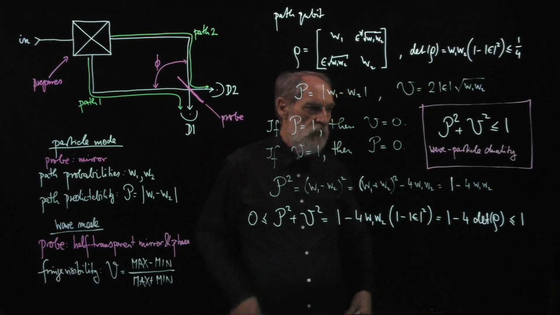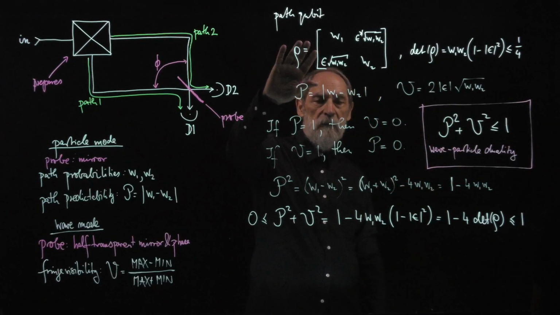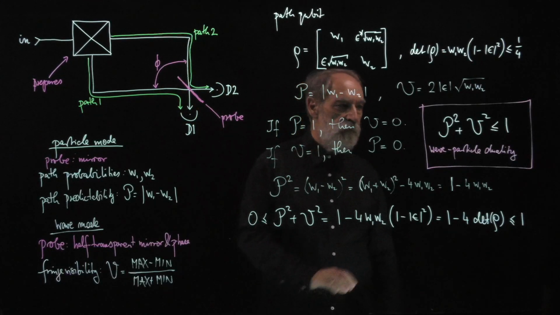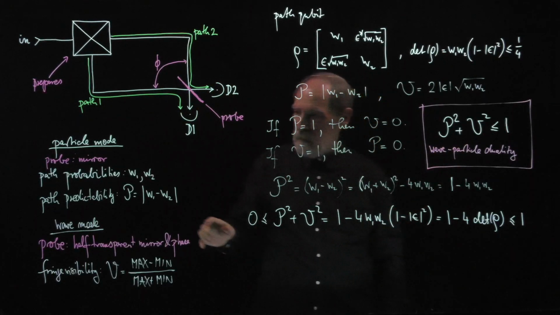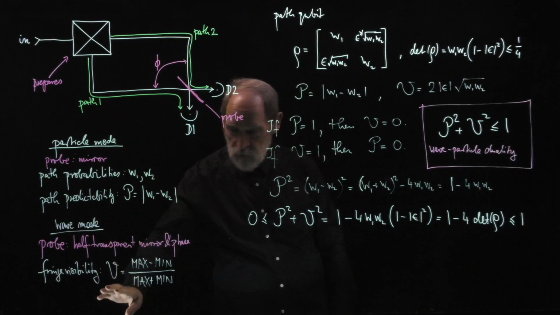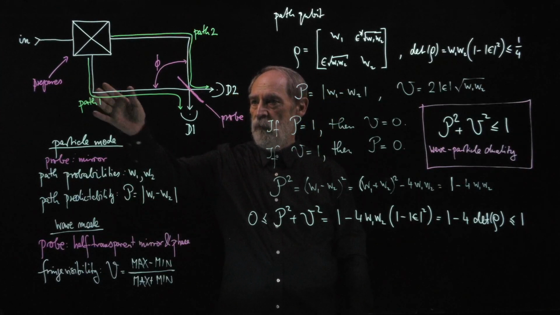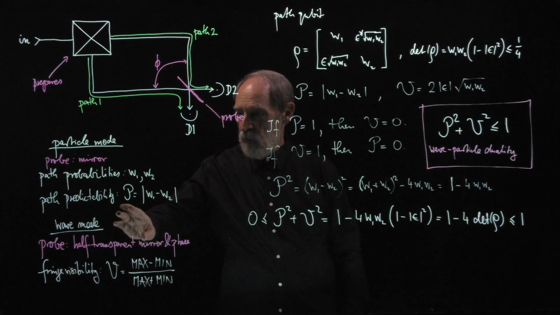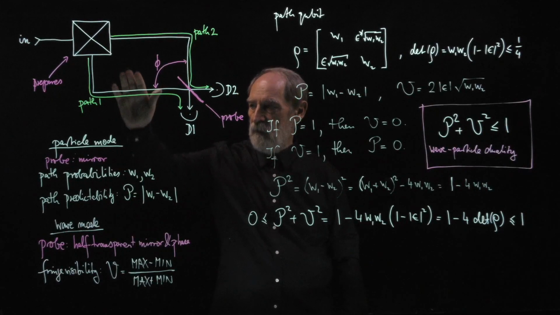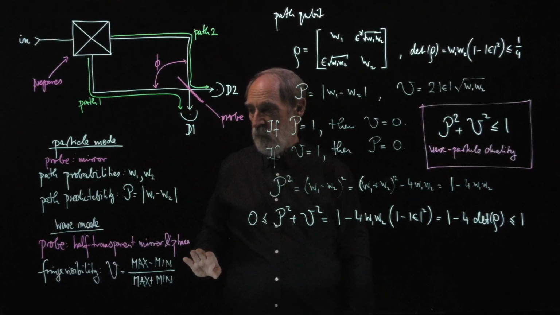Now let me remind you that this result of this quantum mechanical description of the experiment is not something that is already contained in the way the path predictability and the fringe visibility are defined, because we define them in an operational way. The path predictability is a number we established by operating the interferometer in particle mode, with no reference to the quantum mechanical formalism.